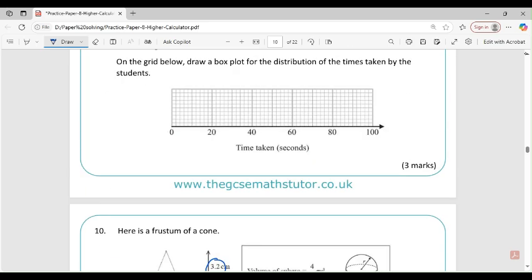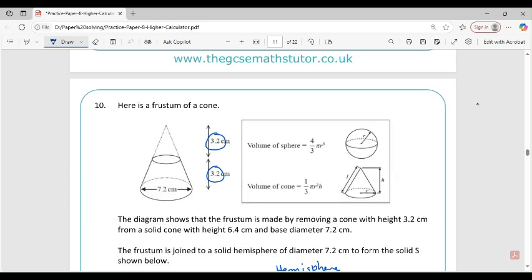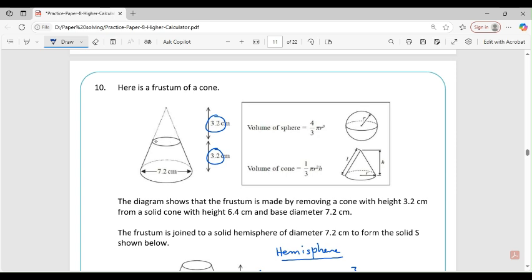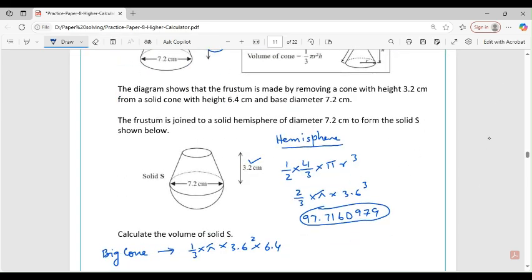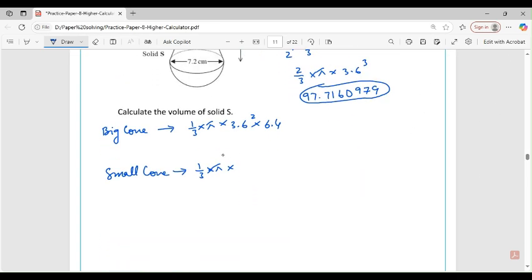If you see this, this whole thing is half of 7.2, which is 3.6, which is the diameter. And when we are finding the radius of this one, it's going to be 1.8. That's why for the smaller cone, the radius is going to be 1.8, times 3.2.